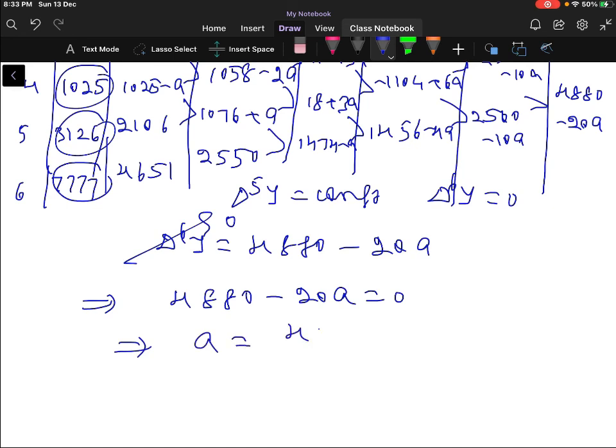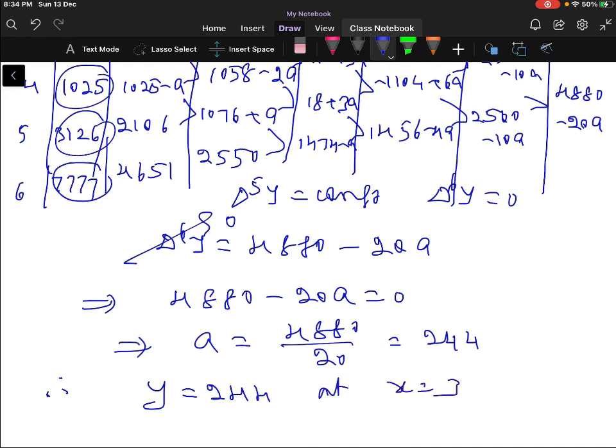So a is equal to 4880 by 20, that is equal to 244. Therefore the correct value of y is equal to 244 at x is equal to 3.